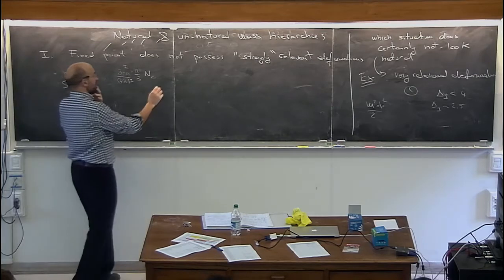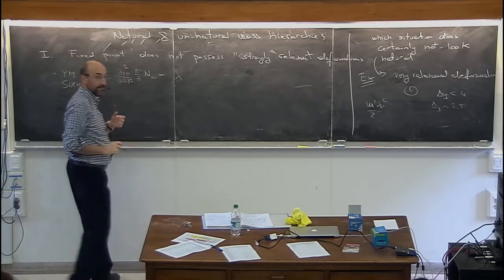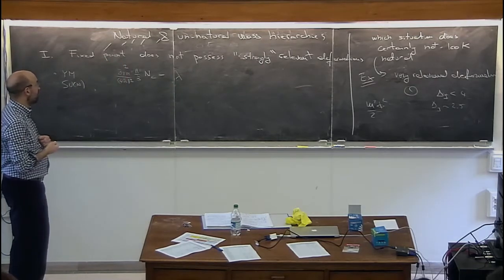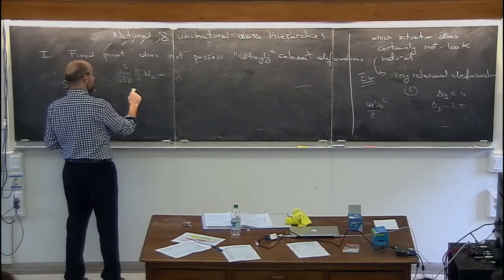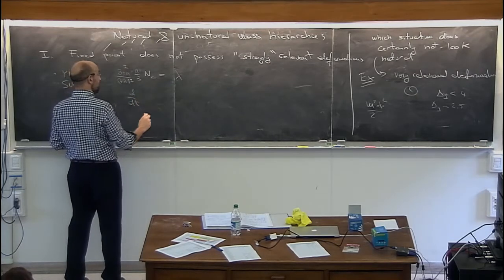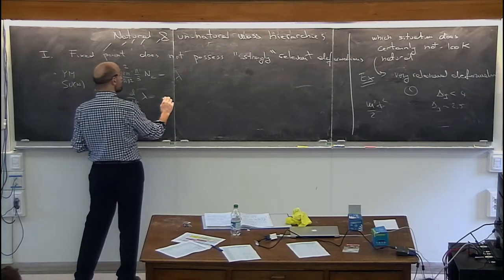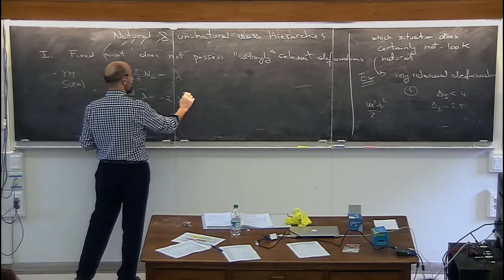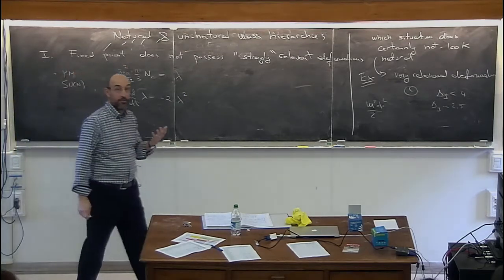So let's call this parameter lambda, or lambda bar lambda. In terms of this parameter, this is the coupling. In terms of the coupling, you know very well that the beta function, d/dt of lambda, is minus 2 lambda squared. The coupling comes from loop effects.